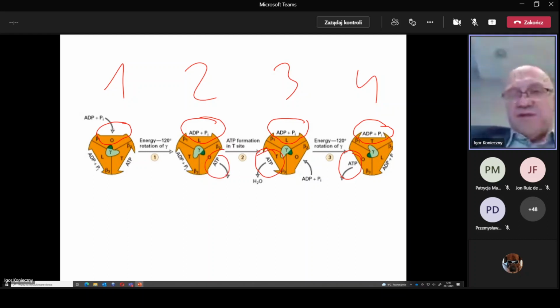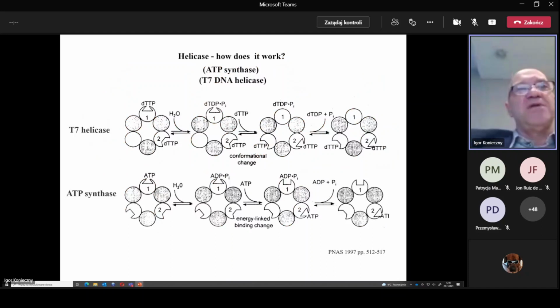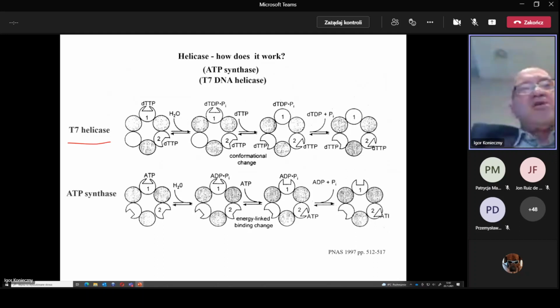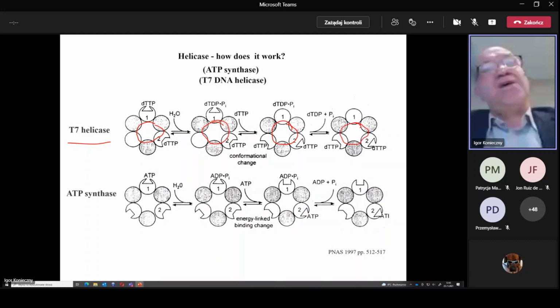When you think about this, it's absolutely very similar to the helicase. However, there is no proton movement which drives the enzyme, but it is the ATP hydrolysis which changes the conformation of catalytic subunits. And because of the change of conformation, something happens inside the enzyme, the ring, which makes the helicase movement, the DNA movement inside, or the helicase movement on the DNA template.